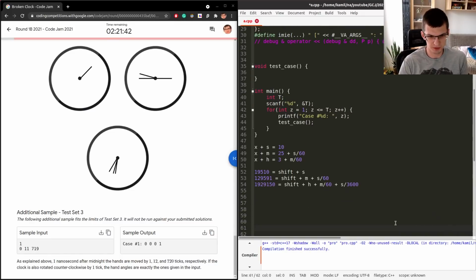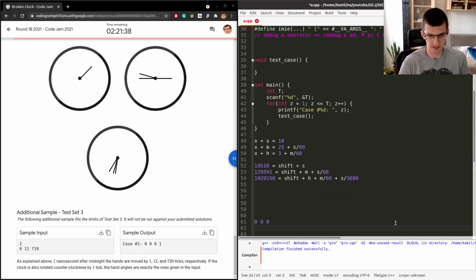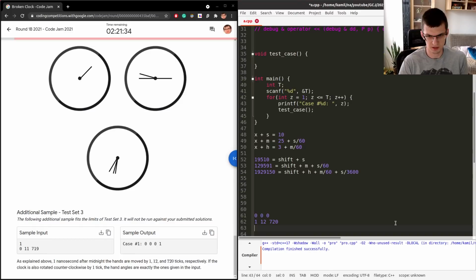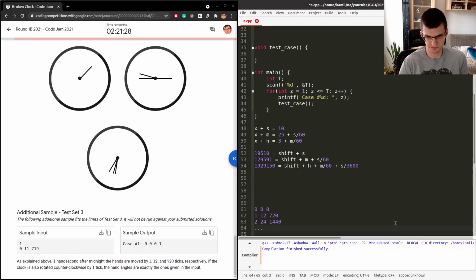By default, the time is 0, 0, 0. After 1 nanosecond, it was 1:12:720, then 2:24, 1440, and so on.